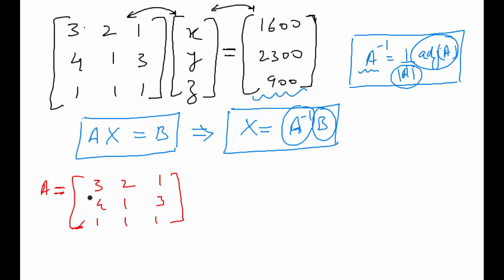Okay, so if A is given to you, this directly gives us the relation for determinant of A. Determinant of A is what? Determinant of the same matrix: 3 2 1, 4 1 3 and 1 1 1. You can simplify this about any row or any column, but suppose we do this about the first row.